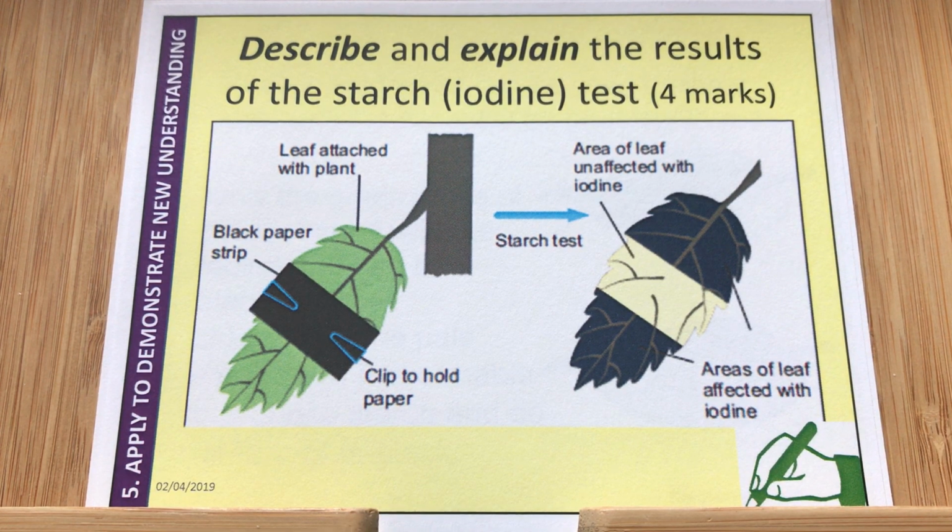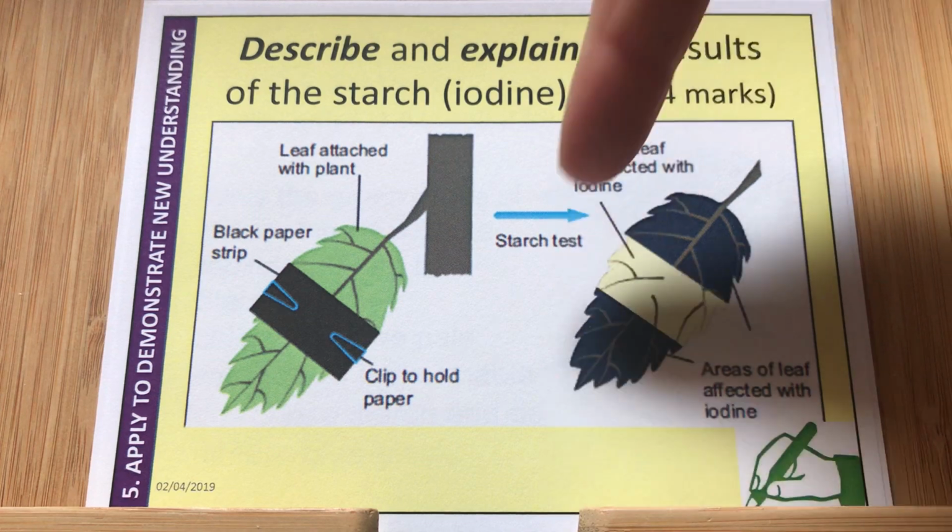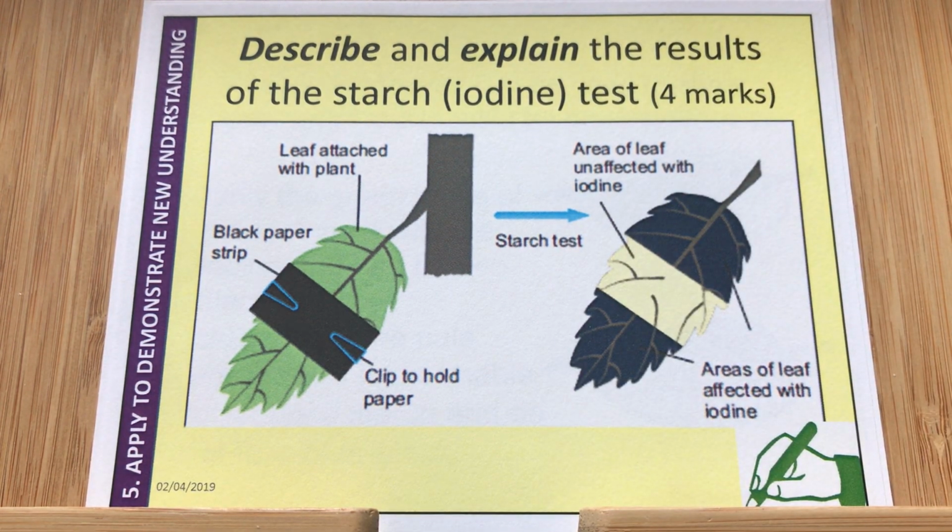And we can see that because the iodine hasn't changed colour. And then in the areas exposed to the light, top and bottom there, we get that blue-black colour change because the starch is present there. It's been made through photosynthesis as glucose, and then the glucose has been converted into that starch and stored, and we can see that colour change to blue-black.